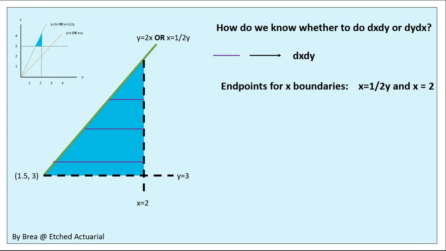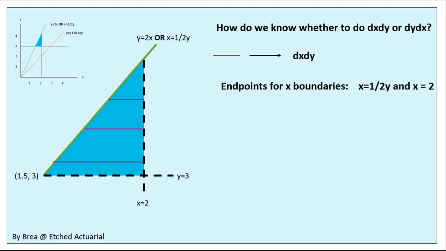Now for this one, we're always going to want to get our endpoints in terms of the inner integration. What I mean is before we did dy dx, so our boundaries were in terms of y. But for this one, we want our boundaries to be in terms of x. So when we're solving for our endpoints for x boundaries, we're going to use the equation x equals 1/2 y rather than y equals 2x, which is what we used before.